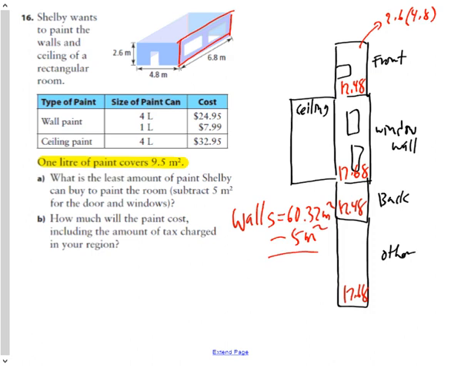So overall, we must paint 55.32 square meters of walls only. Okay?